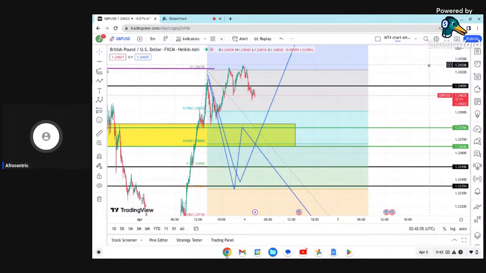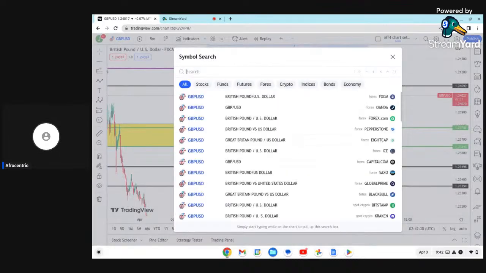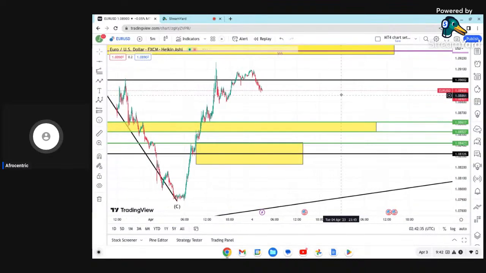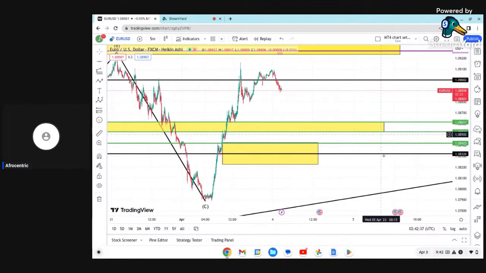So 23788 is one target for GU, and 23648 is another target. EURUSD, because I did take EURUSD, is kind of the same thing. Here are all of the targets for that.